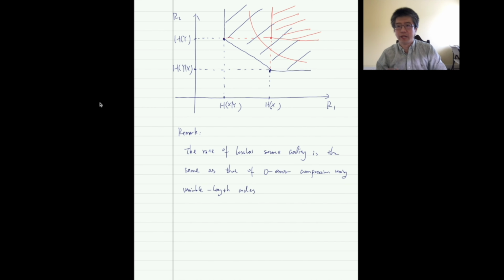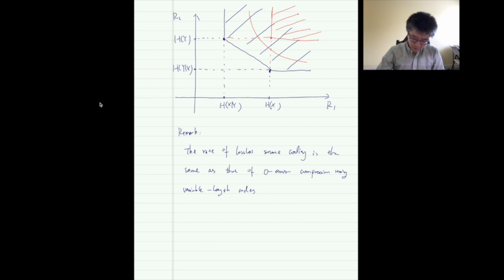We have proved that before: we use one length to code the source sequences in the typical set, and another length to code the source sequences that are not in the typical set. But eventually, the entropy can be achieved for both zero-error compression and lossless coding. Lossless here basically means asymptotically zero error.